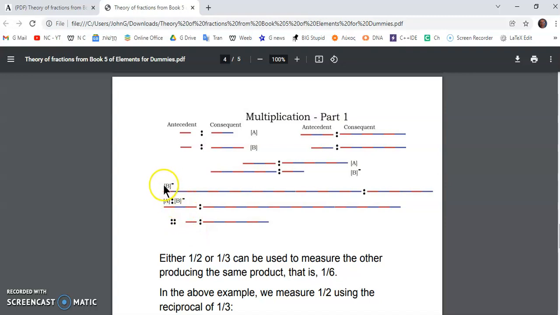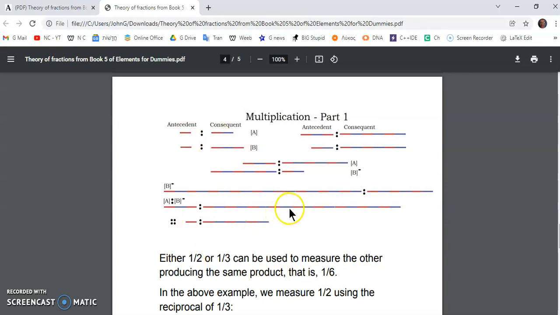And then we have that B, if we change both of these now to the same consequent, then A divided by B is going to give us this measure over here, isn't it? Which we see is 1/6. So that makes sense because a half times a third is 1/6, isn't it?